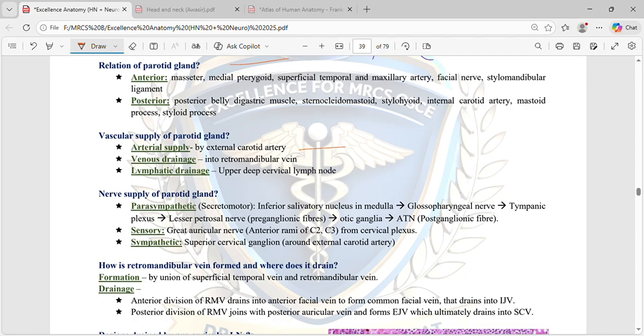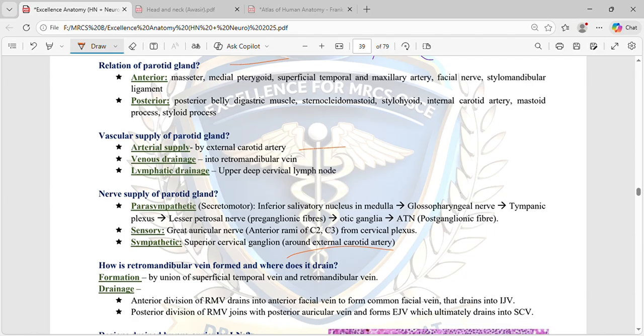So sensory to the capsule of the parotid is through the great auricular nerve, which is anterior ramus of C2, C3 from the cervical plexus. The sympathetic supply is the superior cervical ganglion around the external carotid artery.